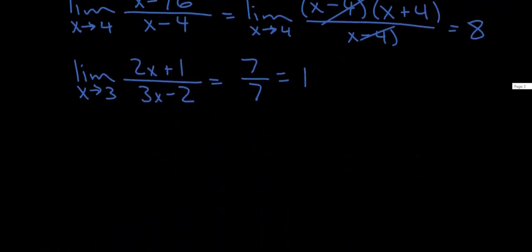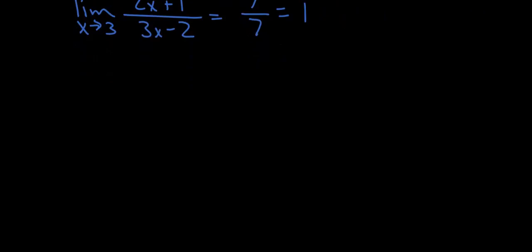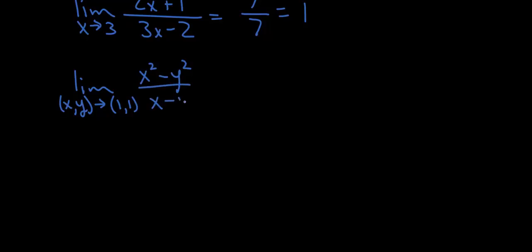Let's suppose that this will be our first limit that we've looked at with two independent variables. Let's suppose that we've got this limit. Let's suppose that we've got 1, 1. And let's suppose that this is x squared minus y squared over x minus y.